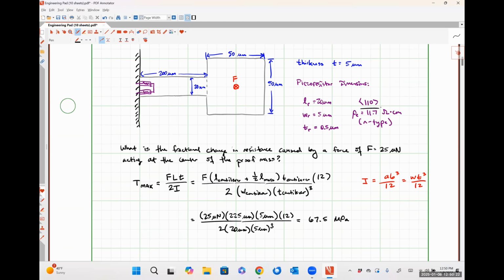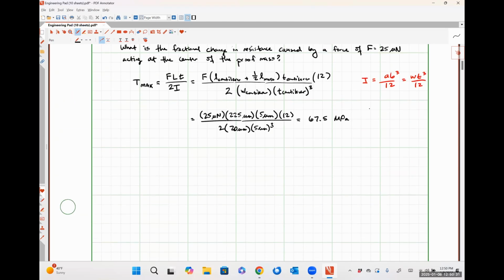So realistically, we should only need to bother with the longitudinal piezoresistive coefficient here. So for 110 single crystalline silicon, we can say that pi L, the longitudinal coefficient, is 1/2 pi 11 plus pi 12 plus pi 44.